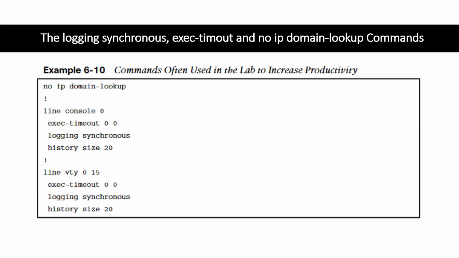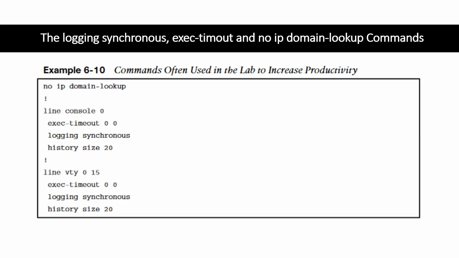Of course, and I'm so glad the CCNA certification guide put it in there: these commands are typically used to increase productivity in a lab, because you don't want to have anything stopping you. Maybe you have a certain amount of time to do your lab.